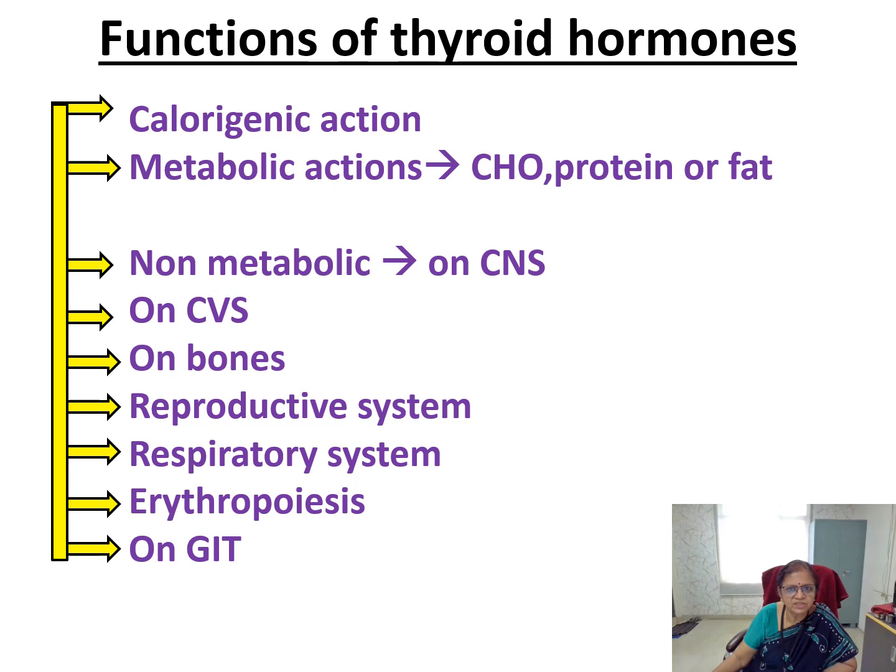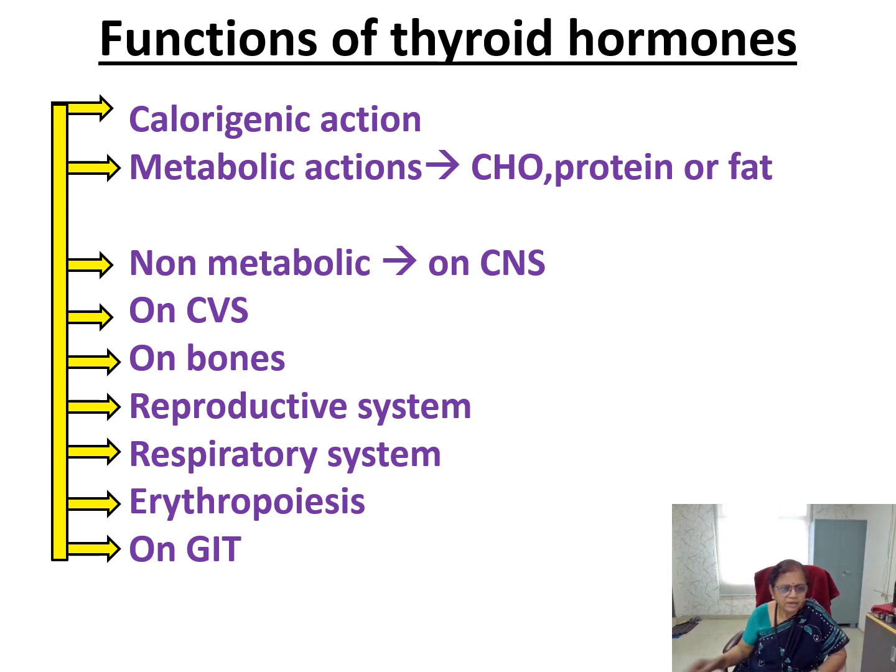To summarize the functions of thyroid hormones, an easy way of remembering: calorigenic action, and metabolic actions, under which carbohydrate metabolism, proteins and fats. Non-metabolic actions we can divide into different systems. The major non-metabolic action is on the CNS, a very important action, especially in infants, newborns and intrauterine life.